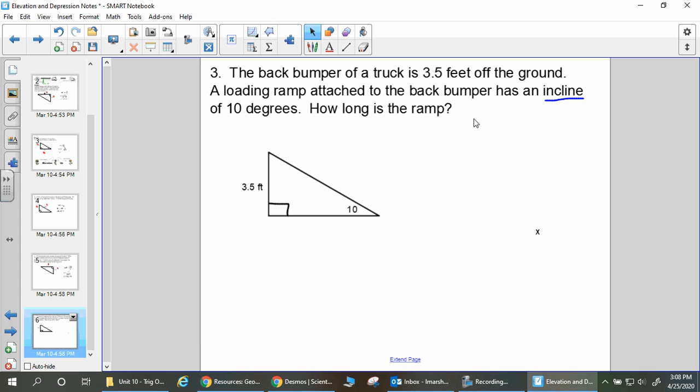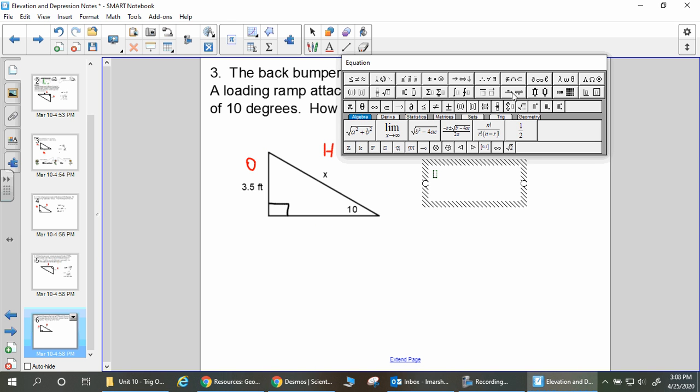How long is the ramp? Well, is a ramp flat on the ground or is a ramp slanted? A ramp is slanted. So I want the slanted side. I want the ramp. So in this case, I have a hypotenuse. I have my opposite and my adjacent is empty. So this means I get to use sine.